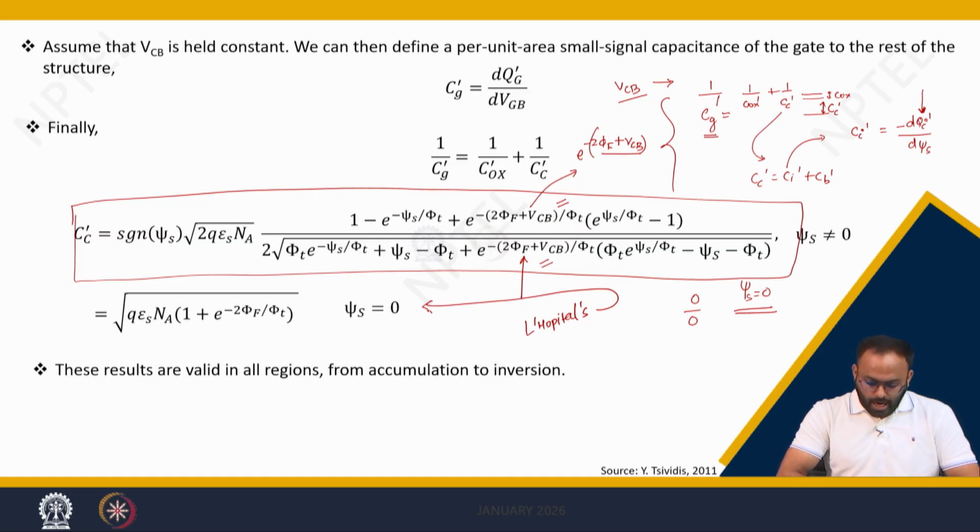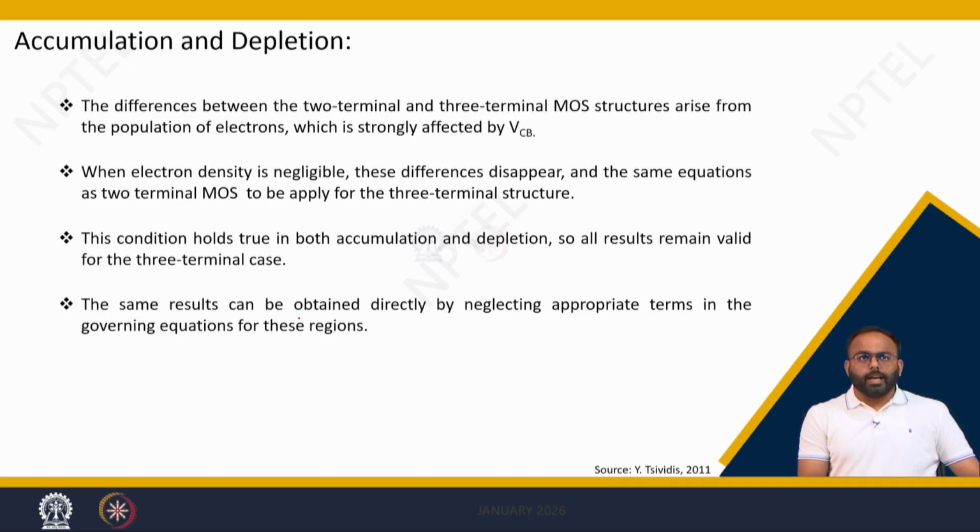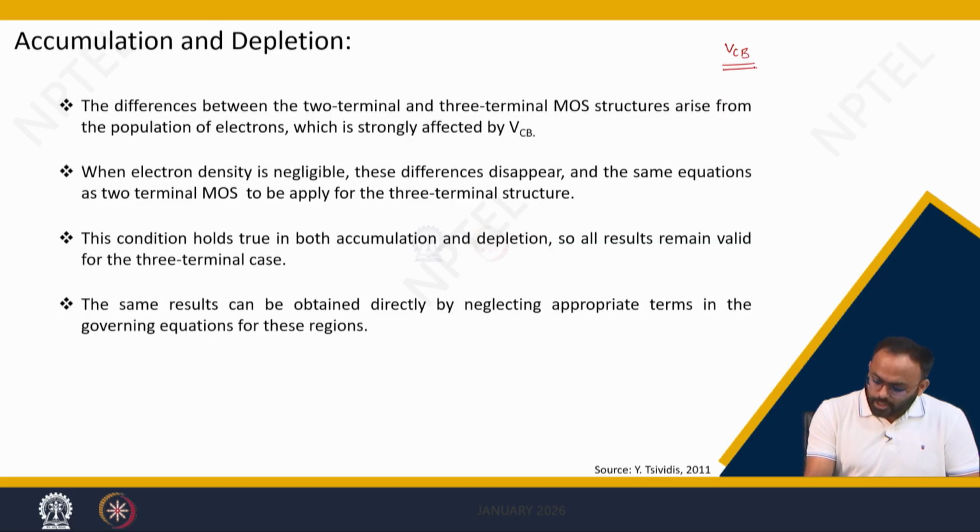This holds good, and you are getting the same kind of expression for psi s equals 0. It means again that at psi s equals 0 you do not have electron concentration at the surface, and hence the VCB term will not come. Again, as we have already discussed, VCB actually affects your inversion charge, and hence it does not affect your accumulation and depletion.